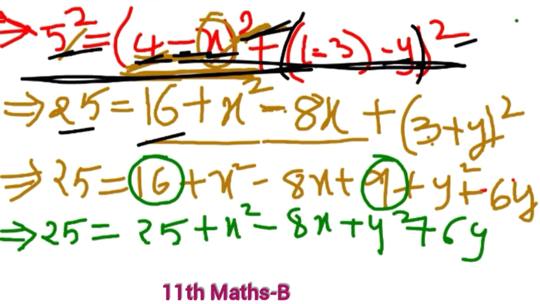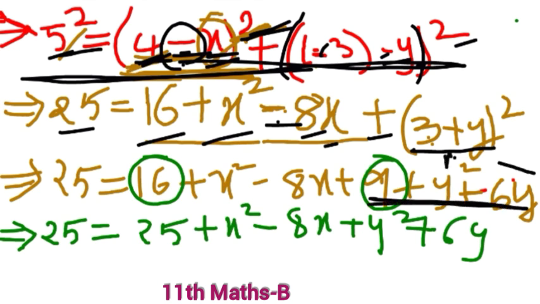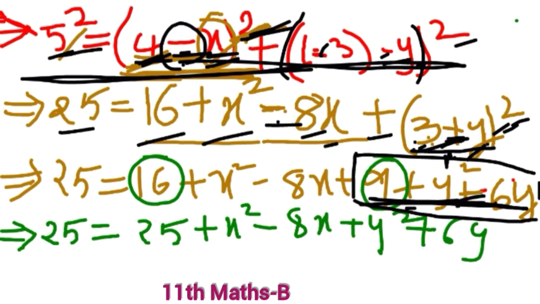Now x into x is x square, minus because we have minus here, so minus 4 twos are 8x, and plus 3, so minus into minus gives plus. Then 3 square is equal to 9, plus y square, because we have plus here, and 3 twos are 6, and y as it is.